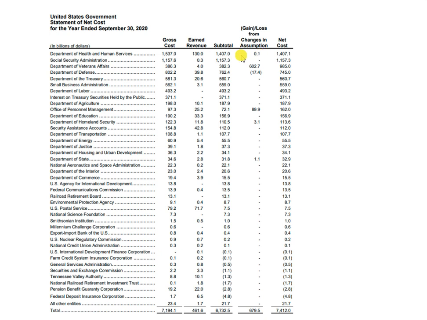So the net cost will be $1,407 billion. This is it. And followed by Social Security Administration and Department of Veterans, Department of Defense, and so on. So we have the total net cost will be $7,412 billion for all federal entities.